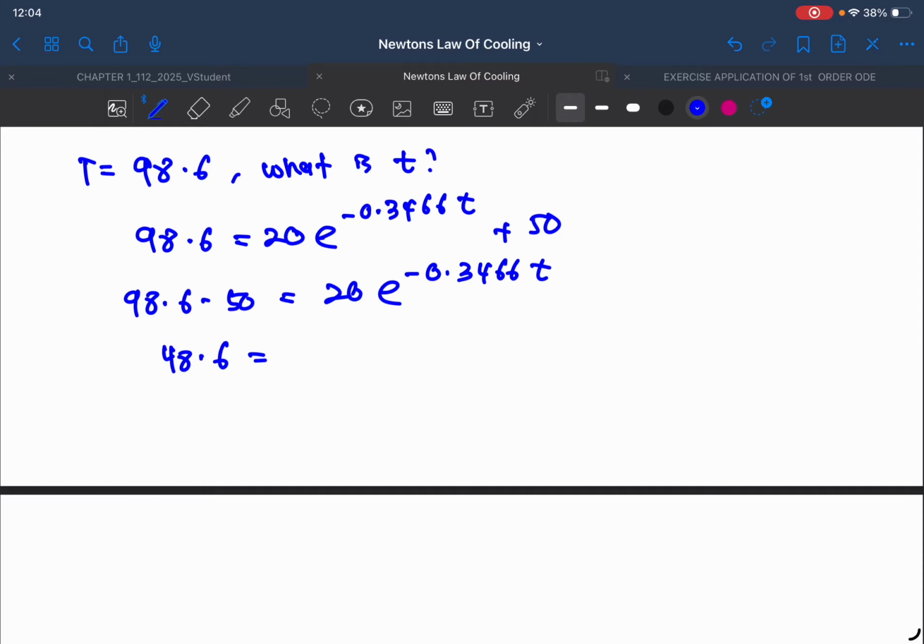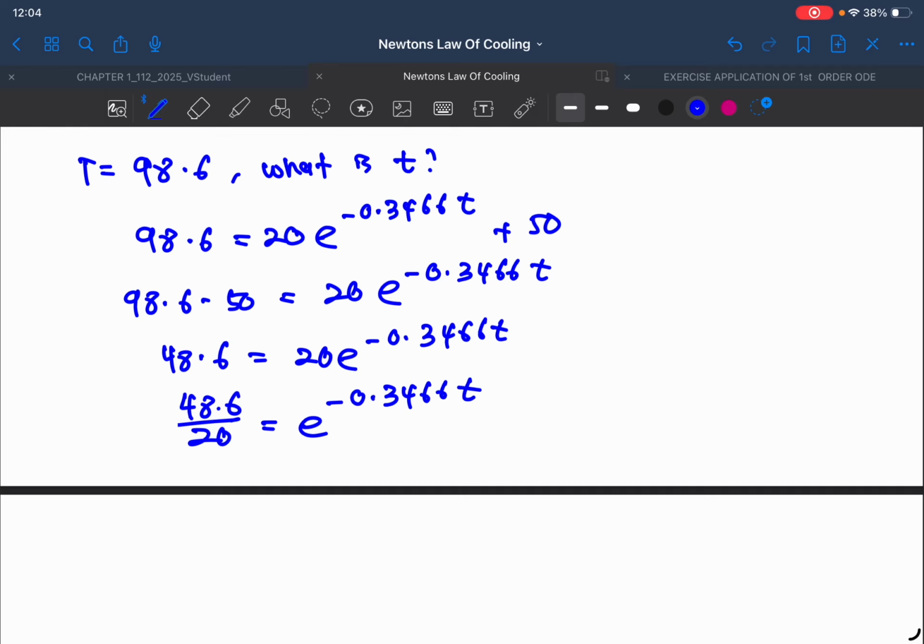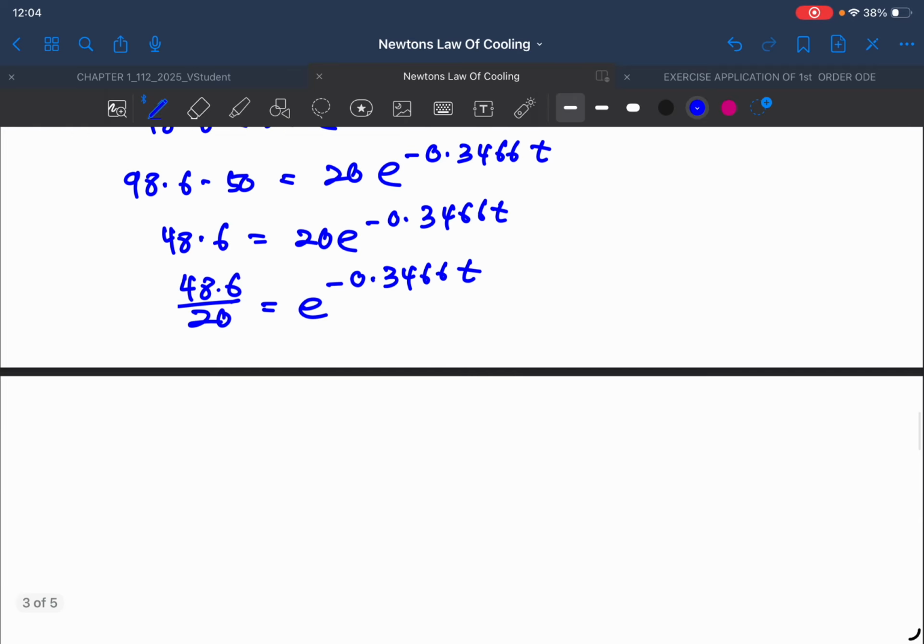So 48.6 is equal to 20e^(-0.3466t). To eliminate the e, we have 20, so divide by 20 first: 48.6 divided by 20 equals e^(-0.3466t). By applying ln for both sides, ln(48.6/20), the right hand side will become -0.3466t.